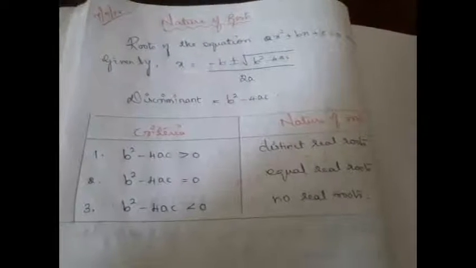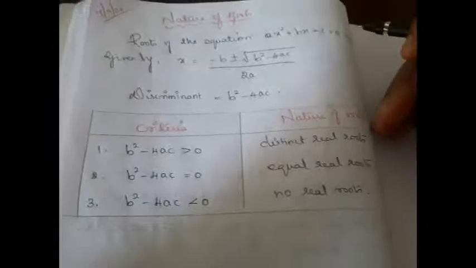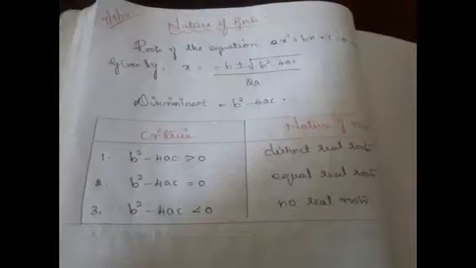This entire term will become 0. Therefore, the roots are equal real roots. If it is less than 0, then it doesn't have any real root at all. The roots are complex. You don't have to mention complex, you can simply write there are no real roots, right? So based on this, let us solve problems in the next exercise.